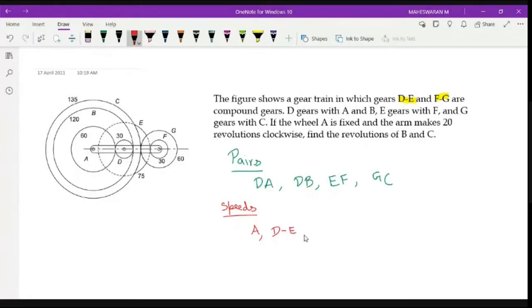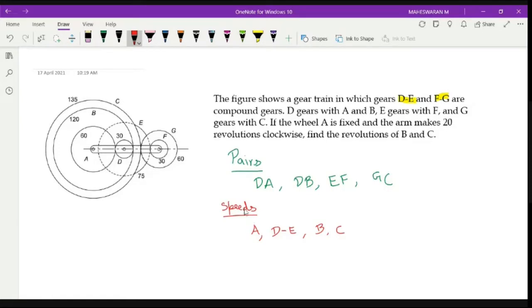Then the next one is B. B is another gear which is separate. Even though you can see that B and C have the same center point, it is not compound. They have not mentioned anything. So that is separate. Similarly, C is also a separate gear.